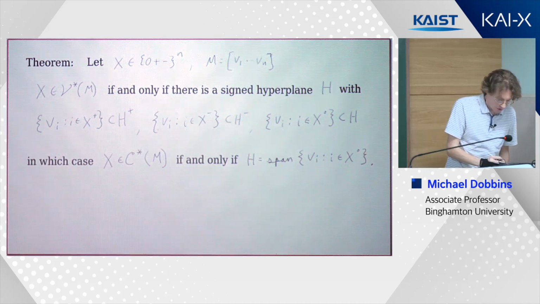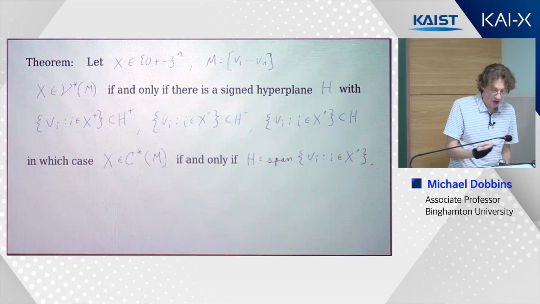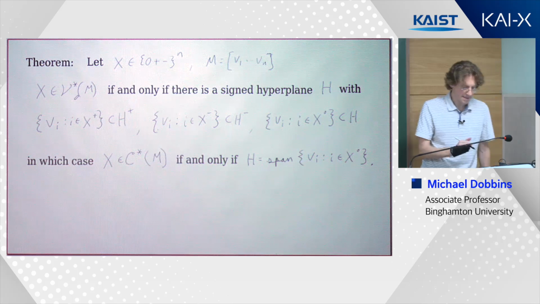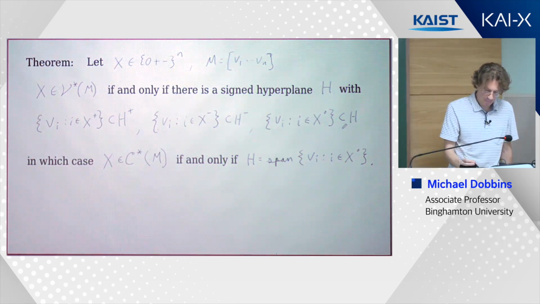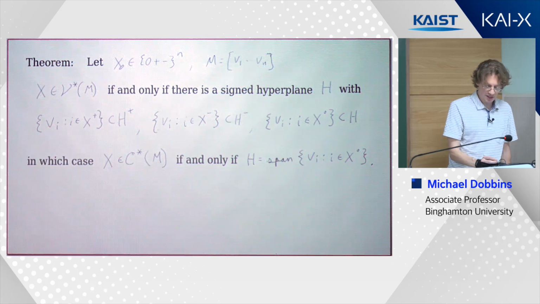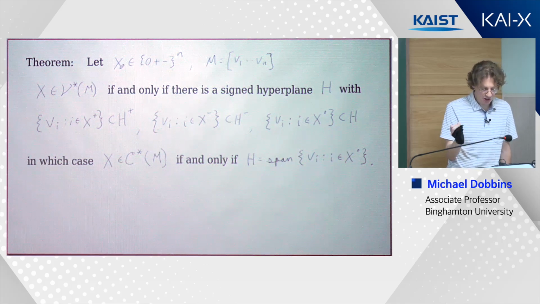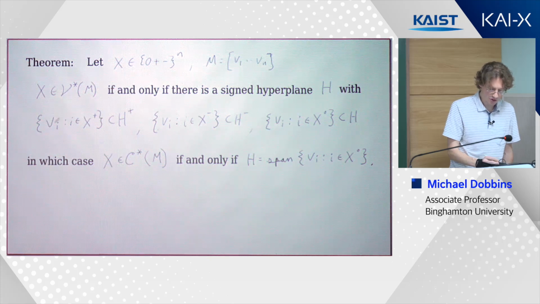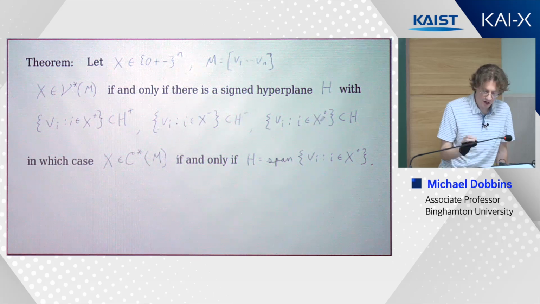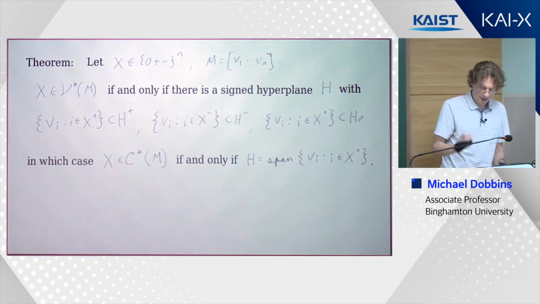Another way of understanding what covectors are: if we look at a hyperplane, the covectors are exactly the partitions where the coordinates that are positive are on the positive side of a signed hyperplane, the coordinates that are negative are on the negative side of a signed hyperplane, and the ones that are 0 are exactly on the hyperplane.